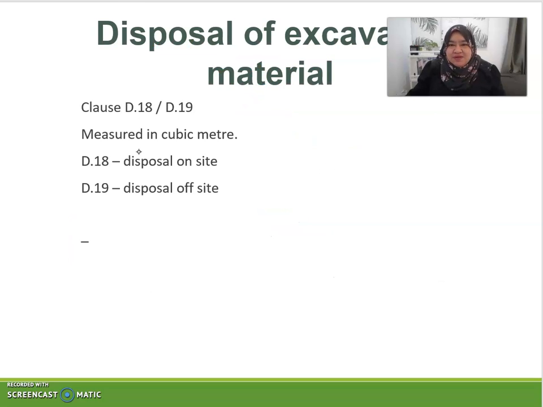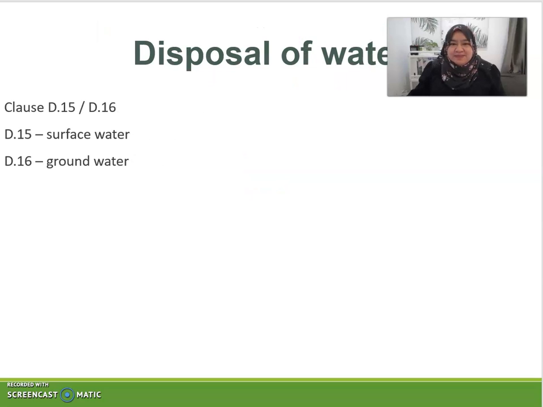And then disposal of excavated material should be referred to section D18 and D19. D18 is on disposal on site, so if you have disposal off site, it should be referred to section D19. Disposal of water, whether you have surface water or groundwater, should be referred to section D15 and D16.